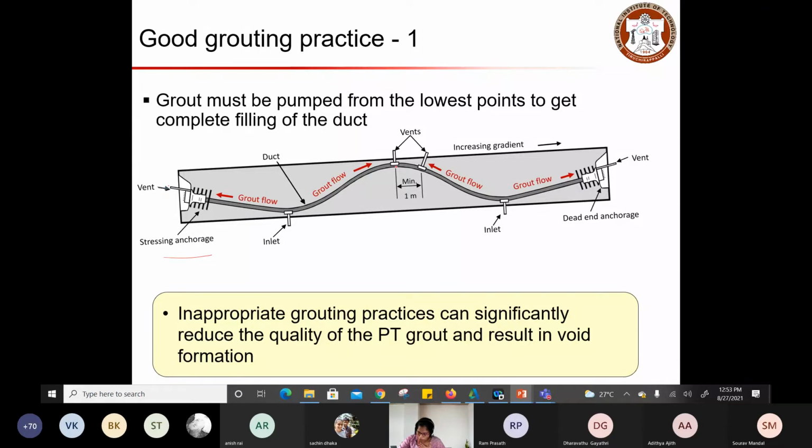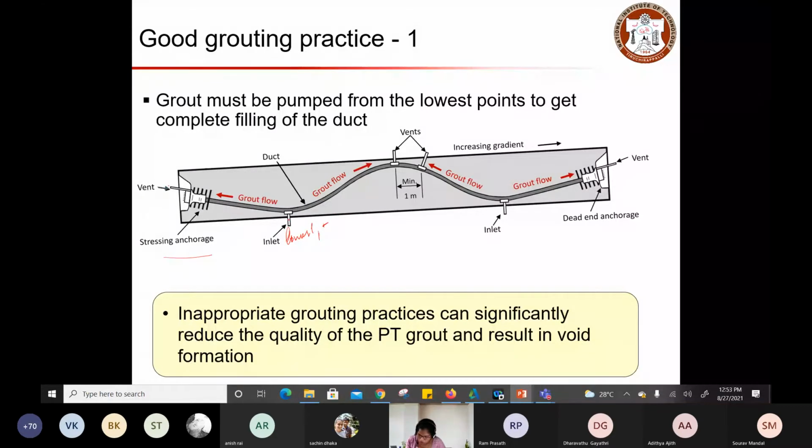So now when you are going to push things from the lowest point to the highest point, once there is a complete fill, you will start observing some amount of material coming through this vent. So you have the inlet now. This is your lowest point. And at the highest points, you have all your vents.